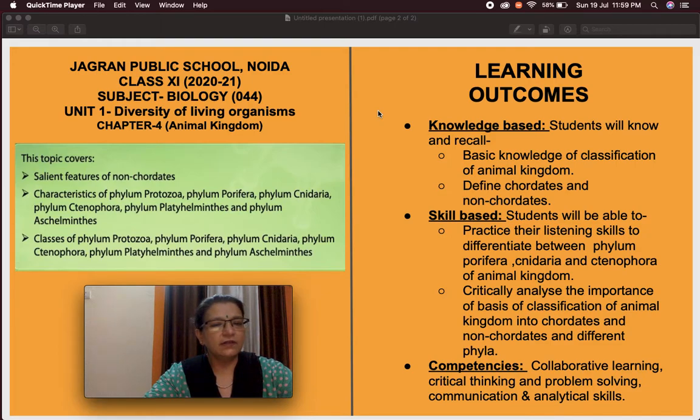Side by side, we will recapitulate the previous phylum we have taken, Porifera, and the chart which indicates the several phyla into which the whole animal kingdom is divided. With the help of this chart, we will be able to understand the major non-chordate phyla into which the animal kingdom has been divided.